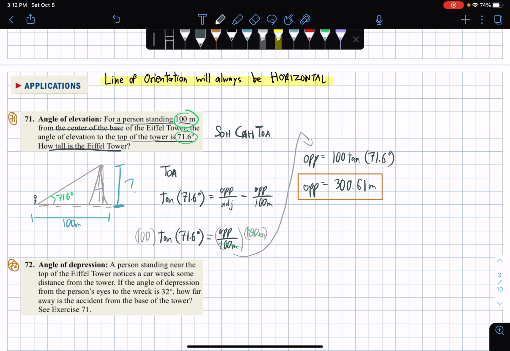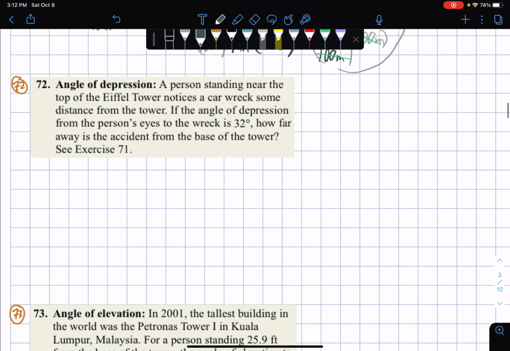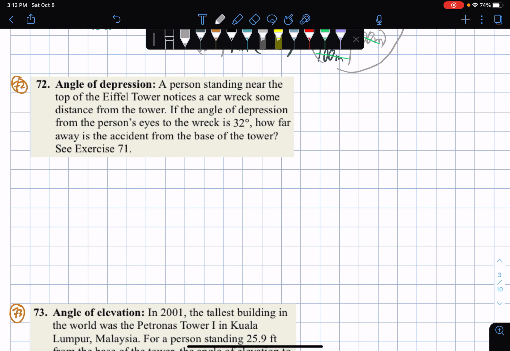So, let's move on to number 72, angle of depression. A person is standing near the top of the Eiffel Tower. So let's just say the person is actually at the top of the Eiffel, and he or she notices a car wreck some distance from the tower.